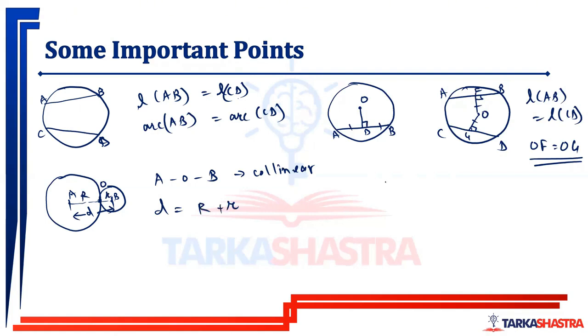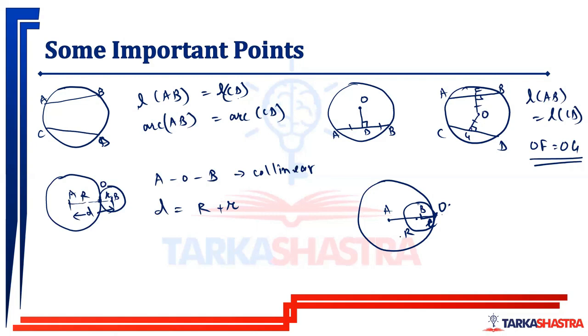But if two circles touch internally, this is small r and this is capital R, and A, B and O. Here also A, B and O are collinear.